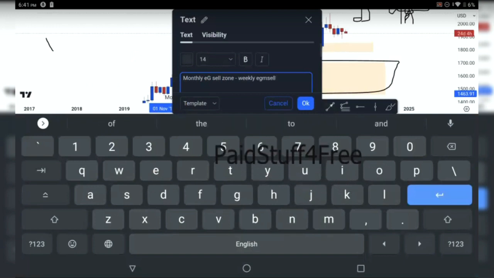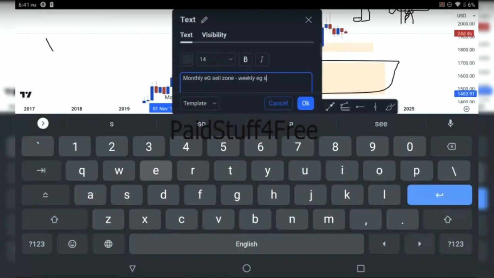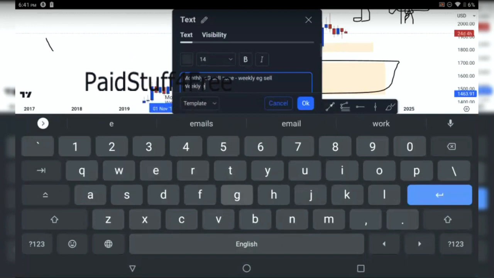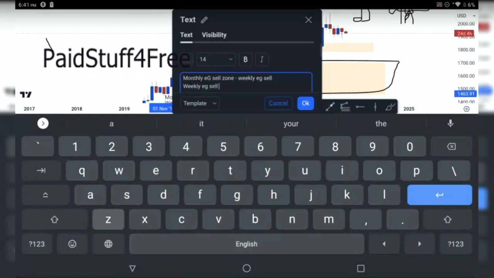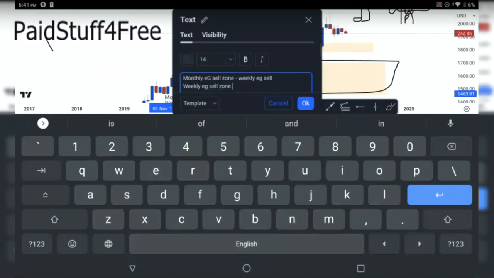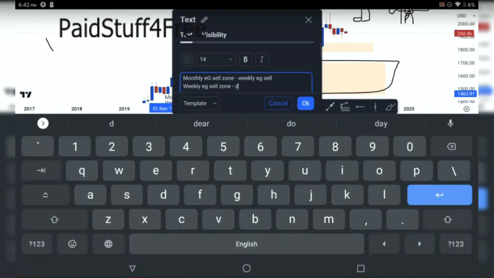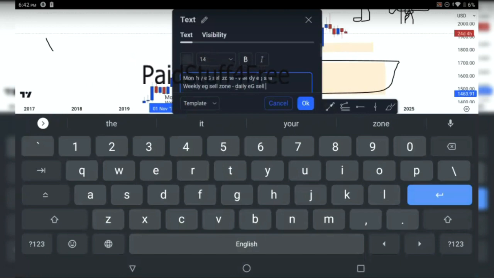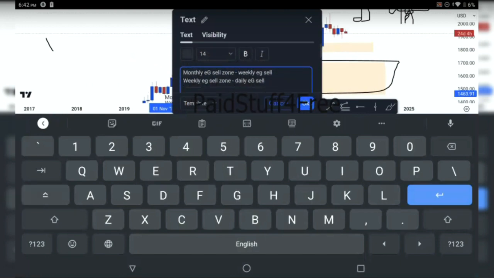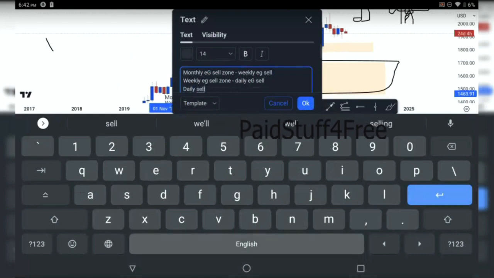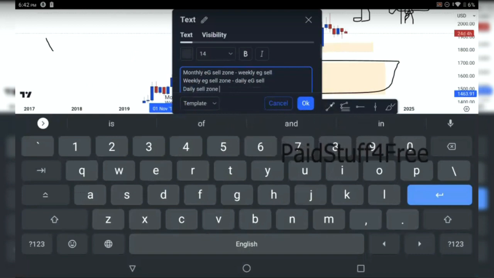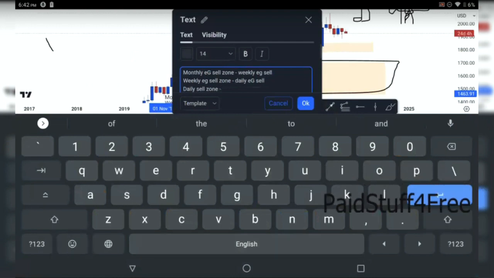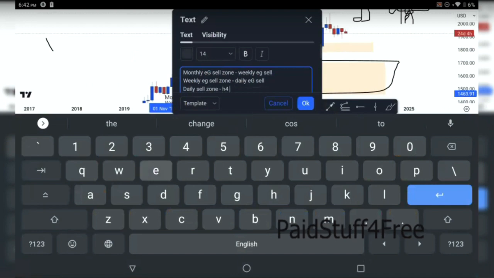That's in terms of one time frame confirmation, weekly EG sell. For a weekly EG sell zone, I need to see a daily EG sell as our one time frame confirmation. If it is a daily sell zone, I need to see an H4 EG sell.